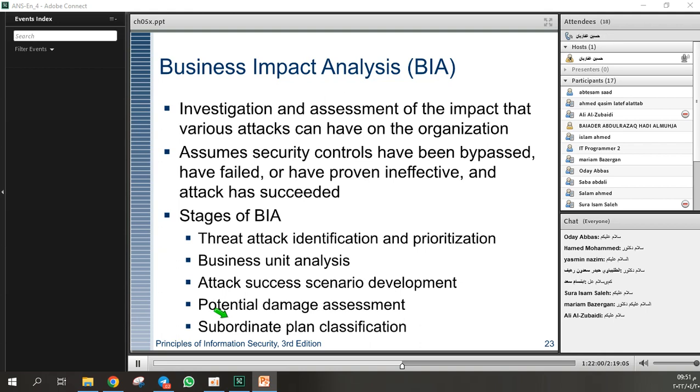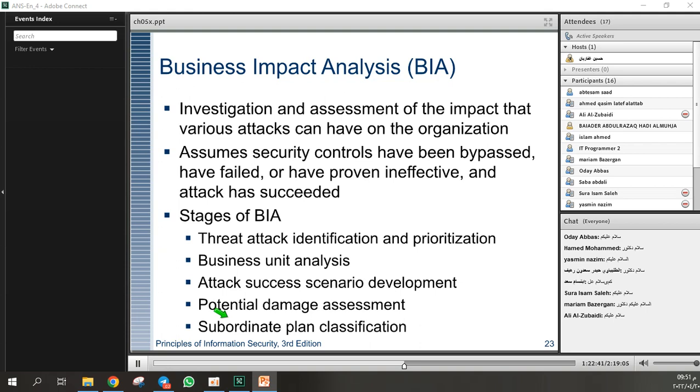Because my money is limited. I have a limited budget. So I cannot cover all the threats, all the attacks. I can cover just a few attacks or risks, not all of them.